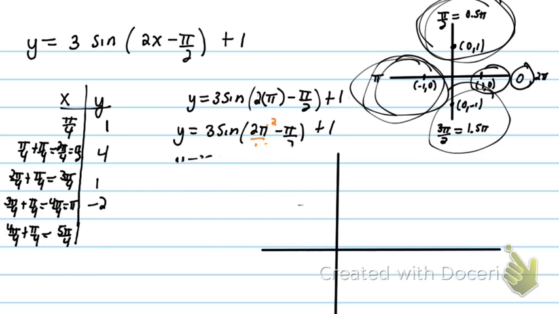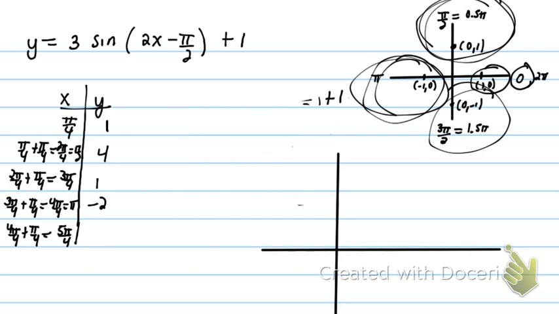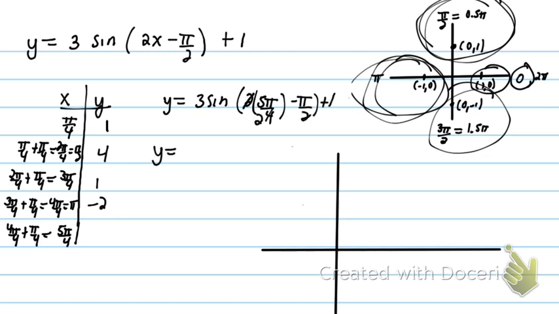Okay, so let me come back and plug in the last one. 3 sine, what are we plugging in? 5 pi over 4. So 2 times 5 pi over 4 minus pi over 2, and then plus 1. That will cancel down. 5 pi over 2 minus pi over 2, and then plus 1.